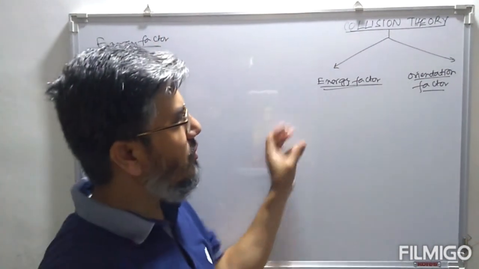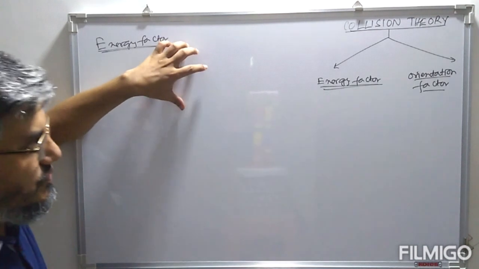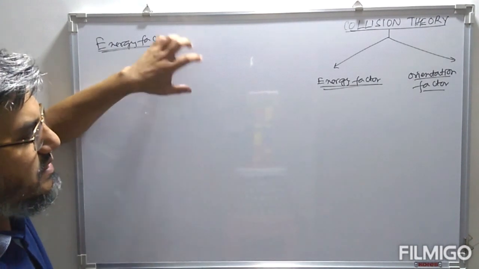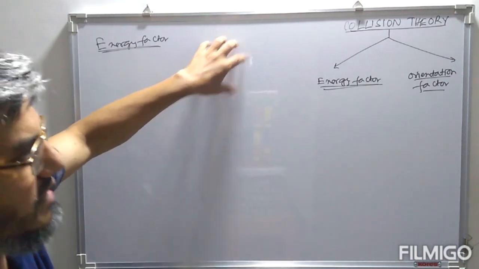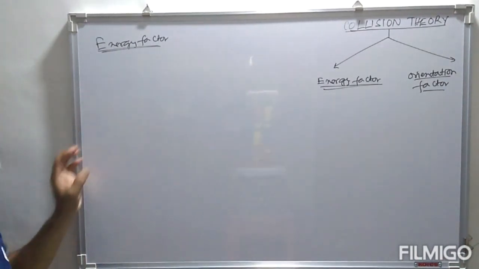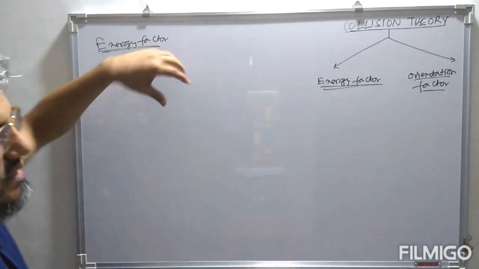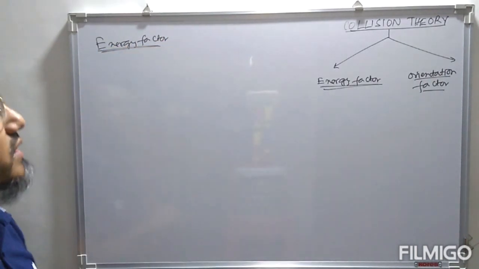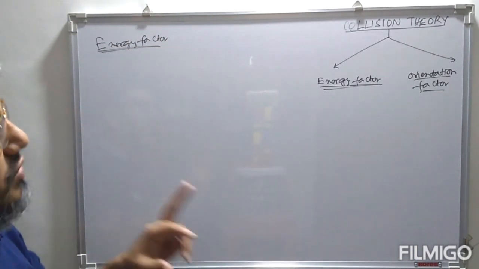Now the energy factor says that during collision, not all collisions lead to product formation. Only those colliding molecules whose energy is greater than the minimum energy required will undergo product formation.